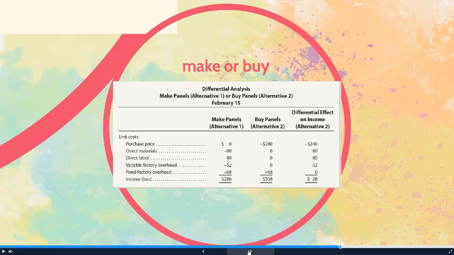When we consider the cost of buying these panels, we need to add that fixed factory overhead into that cost, because even if we're purchasing it for a cheaper price, we still have to pay that fixed factory overhead. Whereas if we make it, that fixed factory overhead is part of that unit cost. So now looking at these two alternatives, it is cheaper by $28 to make the panel rather than buy it.